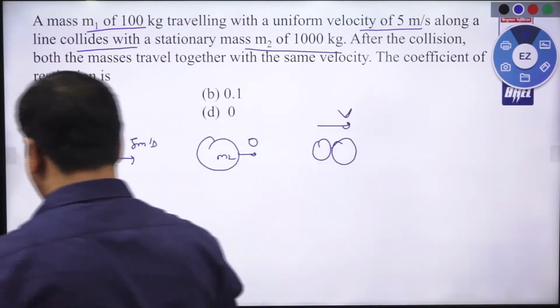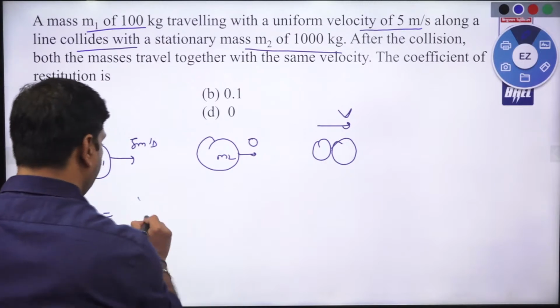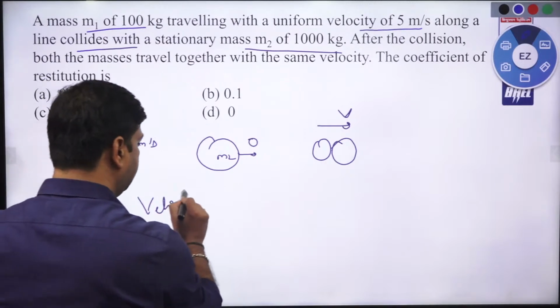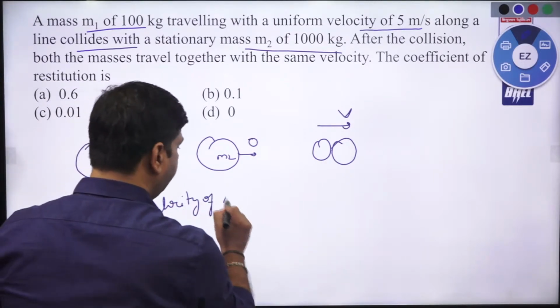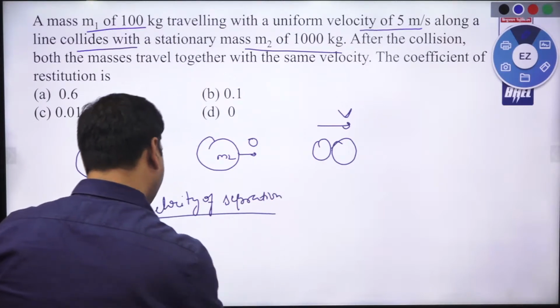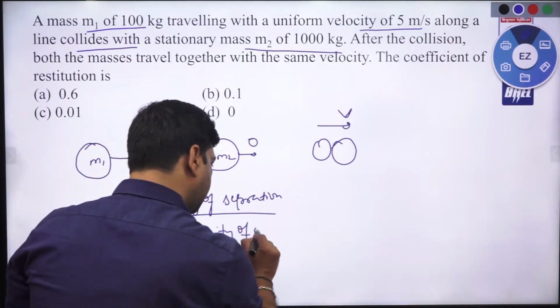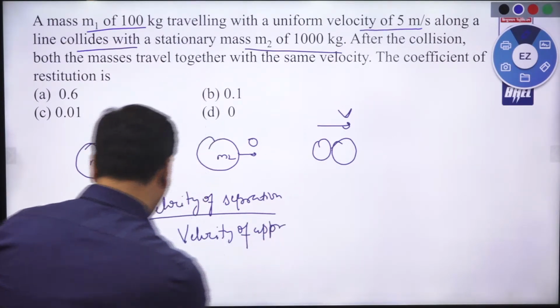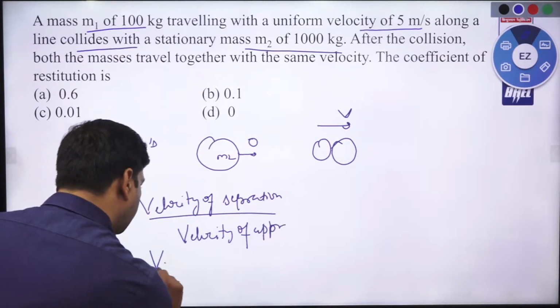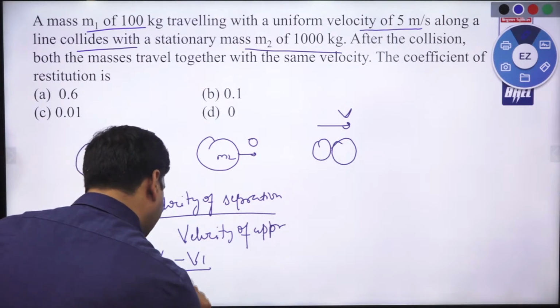So as I know, the coefficient of restitution equals velocity of separation upon velocity of approach. That is v2 minus v1 upon u1 minus u2.